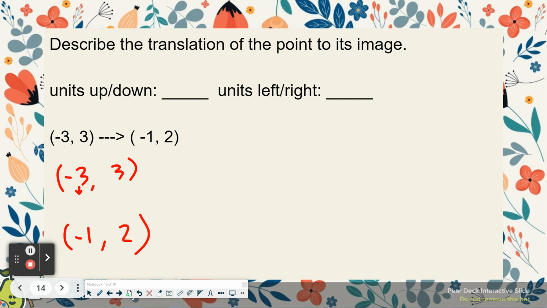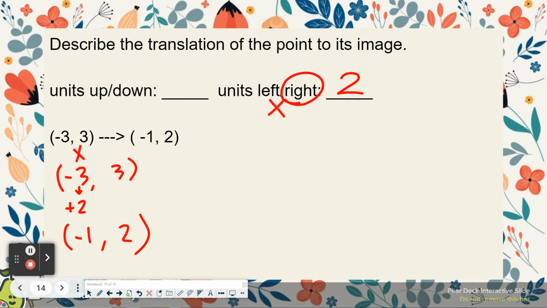On a number line, if you're going from -3 to -1, because these are my x values, left and right. So if you're starting at -3 and you're going to -1, how do you move that way? You would go +2, and you're moving on a number line to the right.